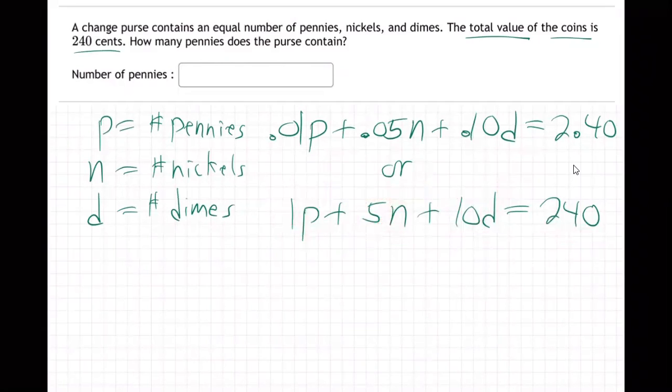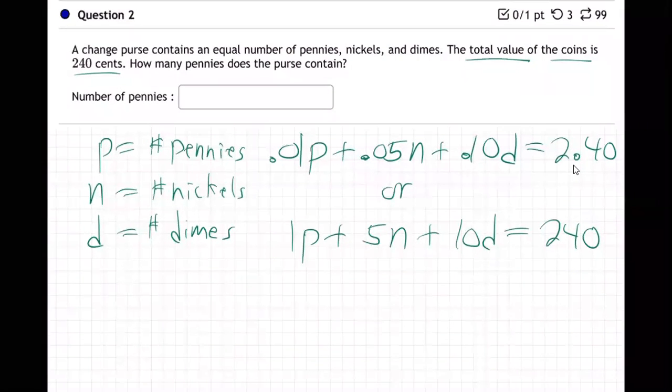Okay. Now here's the other trick. Because we have 3 letters, we can't really deal with 3 letters. But here they said equal number of pennies, nickels, and dimes. So the number of nickels actually equals P, and the number of dimes equals P also. However many pennies there are, the nickels is the same.